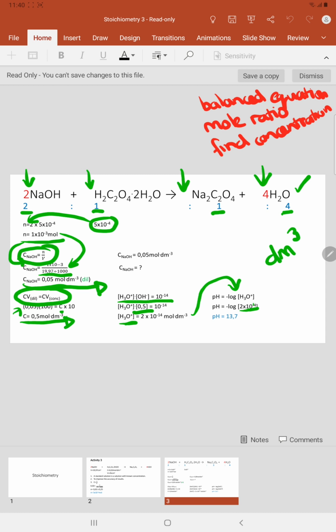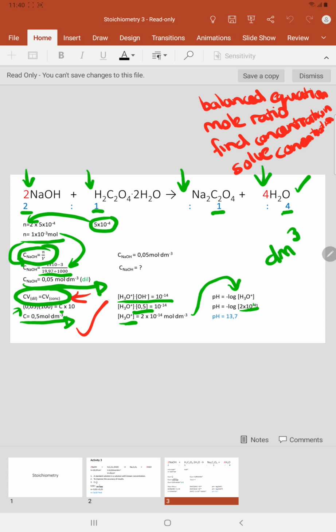Look for the concentration of the solution that you have the most information about, so the dilute or the concentrated. Once you have this information, use that information to solve for the other concentration that you're looking for. So if you have the dilute, solve for the concentrated. If you have the concentrated, then solve for the dilute. So you're again solving for concentration.